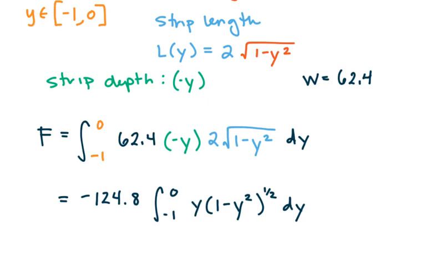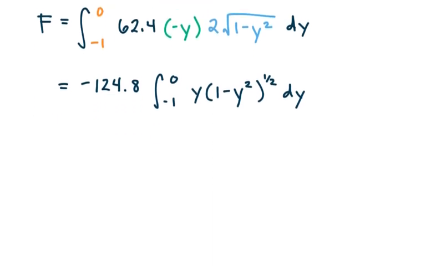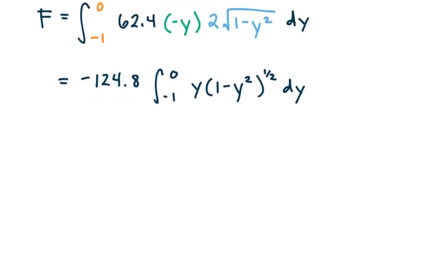So pause the video, make sure you understand everything I have done up to here, because at this point, we've set it up and we're going to solve this just using a basic u substitution to find this integral value. Okay, so when we're doing a u substitution, I am going to let u equal 1 minus y squared. And if I do that, that's going to change my bounds of integration.